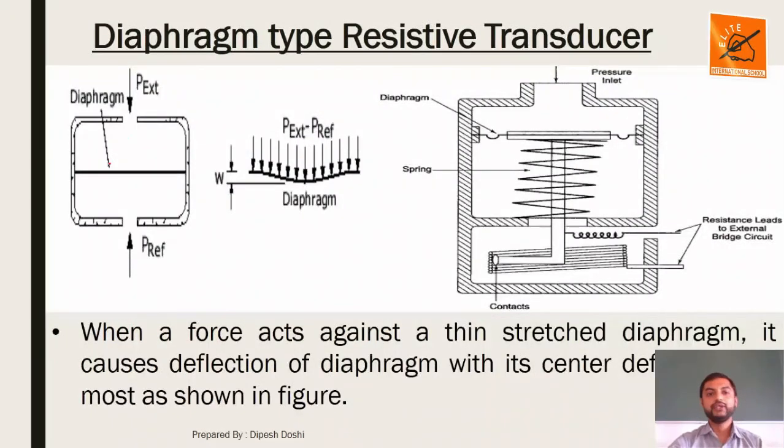When you apply pressure on the diaphragm, it will deform like this, the spring will be contracted, and because of that this contact will move downwards and the resistance will change.